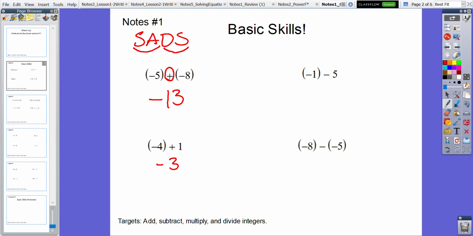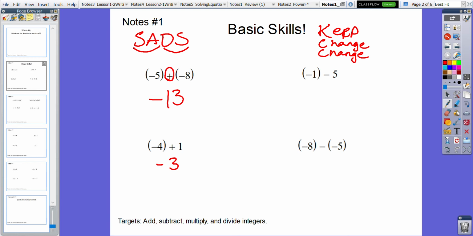Now when we subtract here, there's one thing that I've always used that really helps us out, and that is using what's called keep, change, change, okay? So we keep the sign of the first one, we change our subtraction to addition, and then we change the sign of the last one, okay?